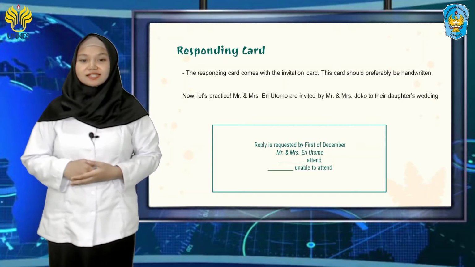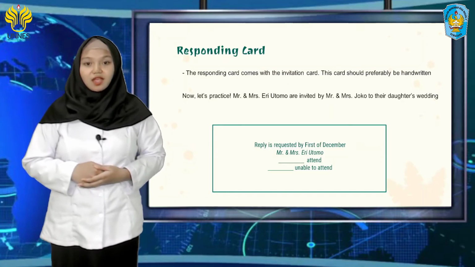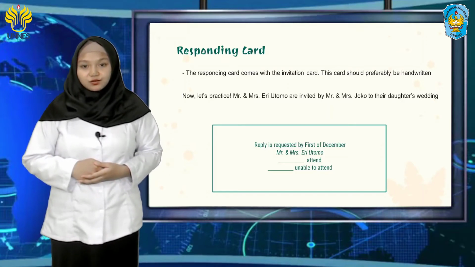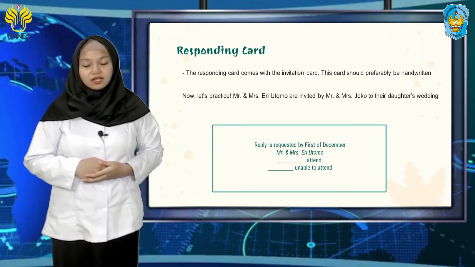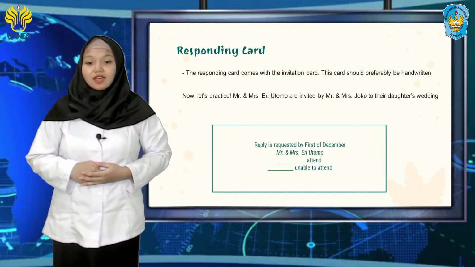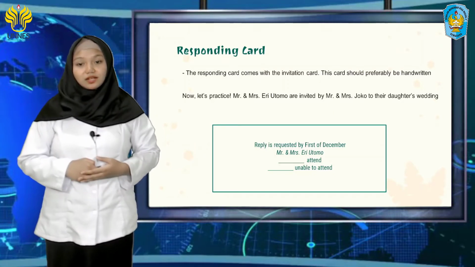Now let's practice. Here I have a situation. Mr. and Mrs. Edi Utomo are invited by Mr. and Mrs. Joko to their daughter's wedding. So your job is to write the response card.